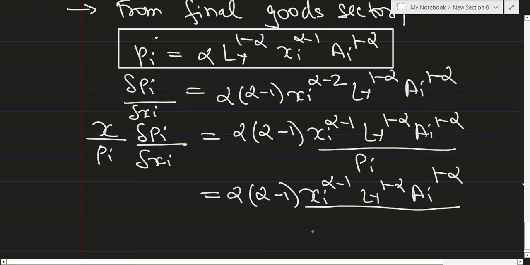Plugging back the value of Pi, alpha, 1 minus alpha, Xi alpha minus 1, over 1 minus alpha. So this cancels, this cancels. One second, we are missing something here.